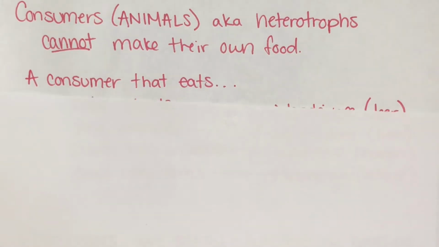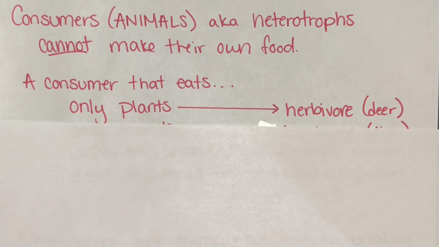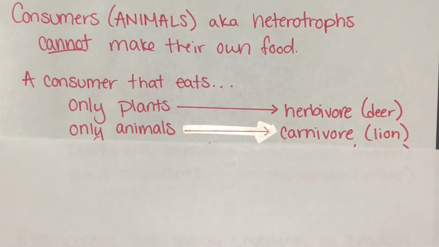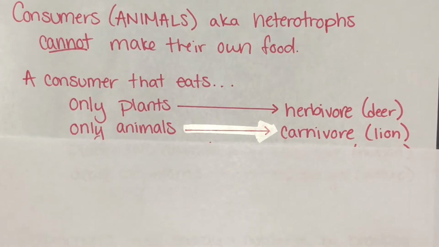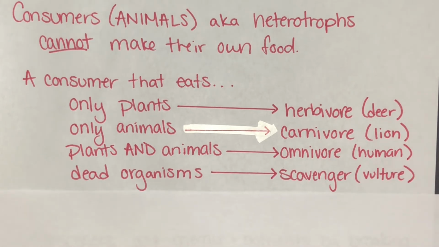A consumer that eats only plants is called an herbivore, like a deer. A consumer that eats only animals is called a carnivore, like a lion. A consumer that eats plants and animals is called an omnivore, like a human, and a consumer that eats dead organisms is called a scavenger, like vultures or earthworms.